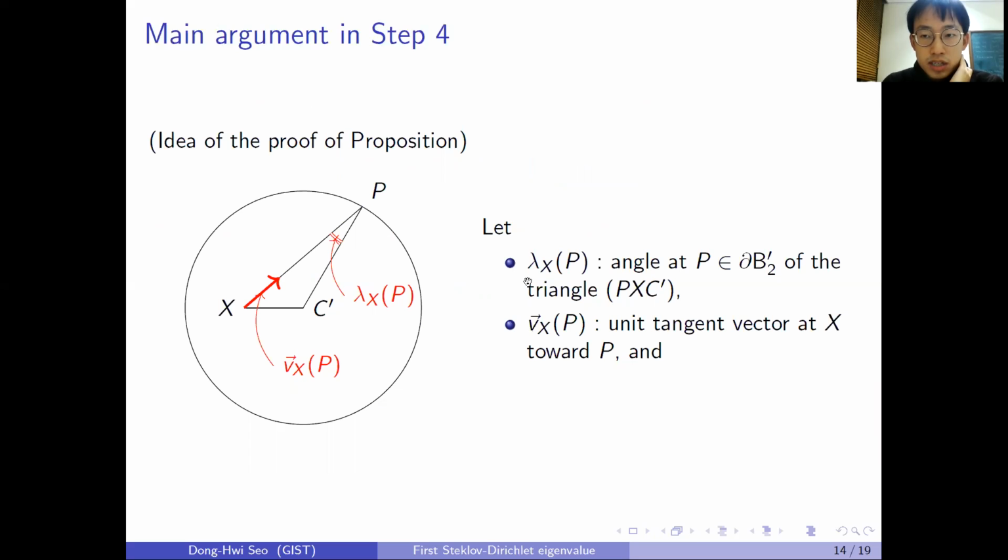First, we define an angle function which is defined on the boundary of the outer ball, and it is the angle at P of the triangle XPC prime. And we denote the direction from X toward P by the vector V sub X at P.